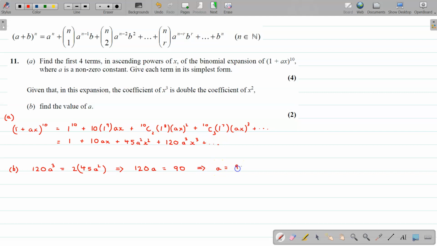Okay, so quite straightforward, that particular question, but show sufficient working to justify your answer in order to get those marks available. And that's the answer to the question. And that's the end of those 3 questions on the use of the binomial expansion.